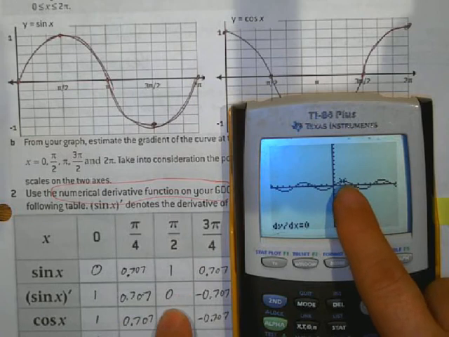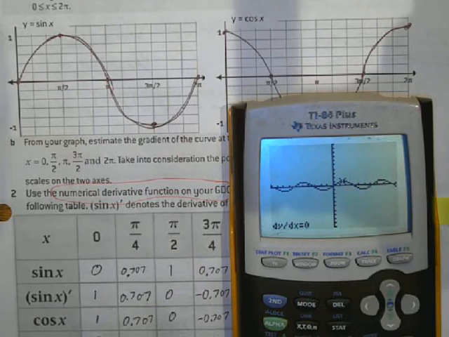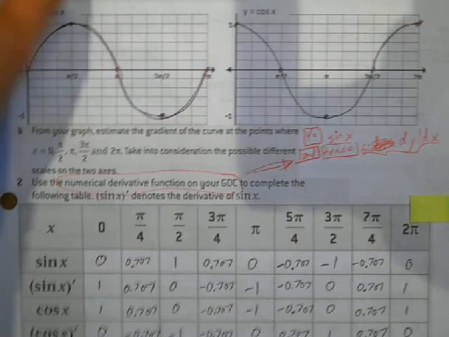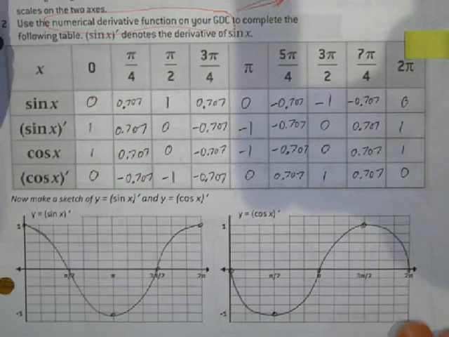Now remember, notice how it's flat right at the maximum. The slope at the maximum is 0. Remember, derivatives tell us slope. Okay, and then we end up getting our curves looking like this.